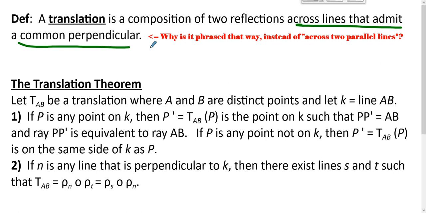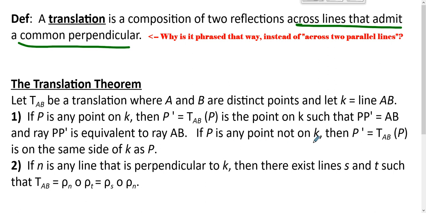The translation theorem says if P is any point on the line K, then P prime is the translation of P along vector AB, the point on K such that PP prime is AB and ray PP prime is equivalent to ray AB.